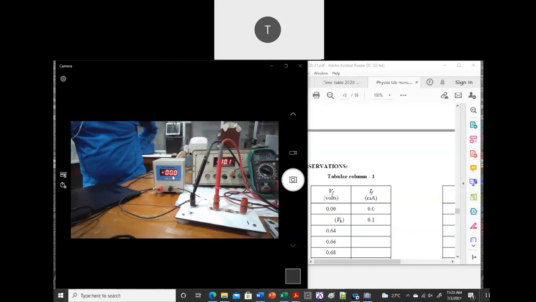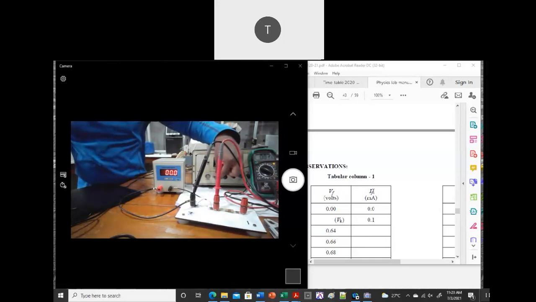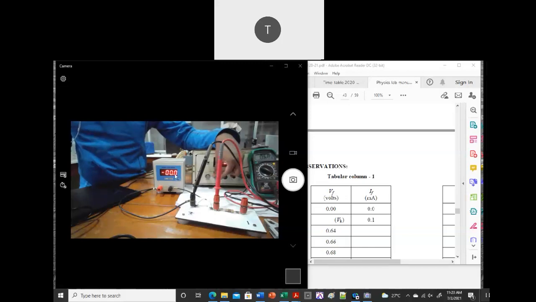Right now it is 0. So you keep increasing the voltage till you get 0.1 on your IF. You can use the fine button and keep on increasing till you find 0.1 on this. Right now you can see it has gone to 0.2, 0.3.